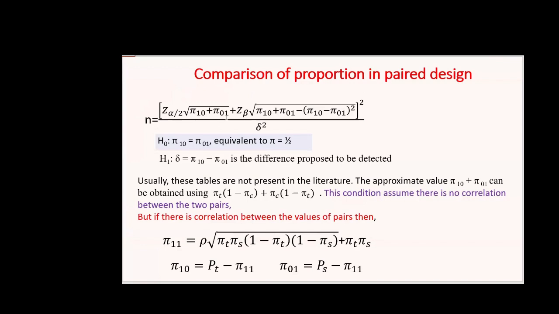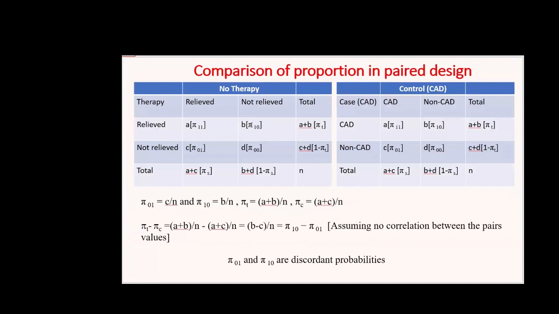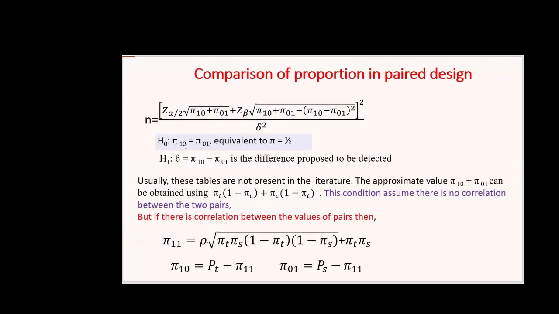On the basis of discordant pairs, our null hypothesis is that the discordant pairs, B versus C, are equal. So pi 10 equals 0.1, that is, both are equal.